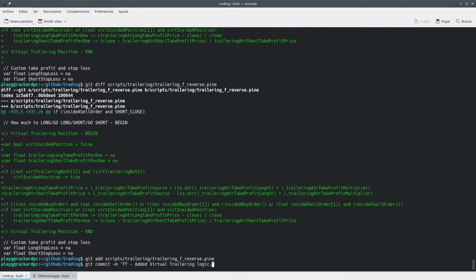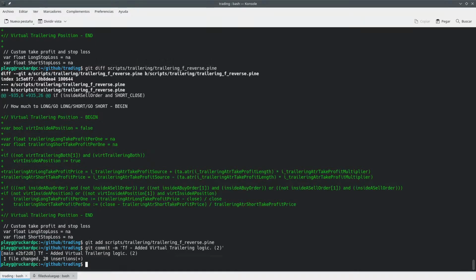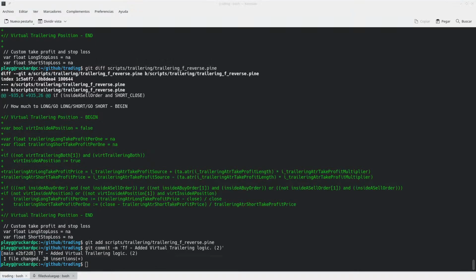Okay, so this is logic, but this is logic too, because it's another thing. So I'll be back, and we will check more stuff that needs to be taken into account in these virtual trades.